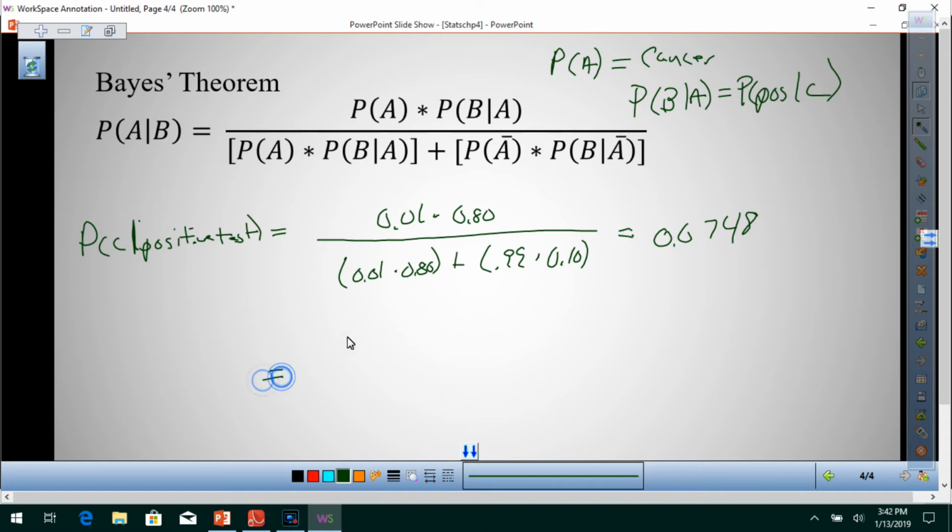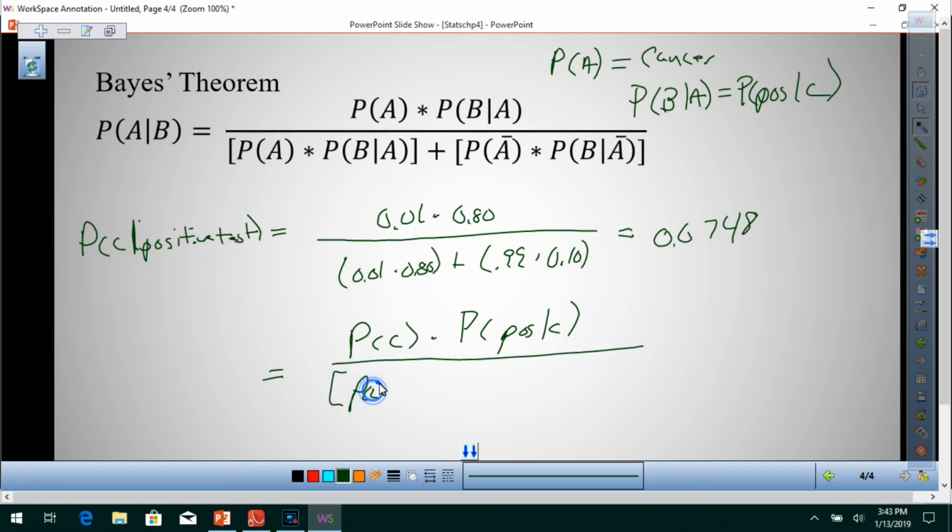So maybe it would help to write it as the probability of cancer times the probability of a positive result given cancer, divided by the probability of cancer times the probability of positive given cancer, plus the probability of the complement of cancer times the probability of positive given the complement of cancer.